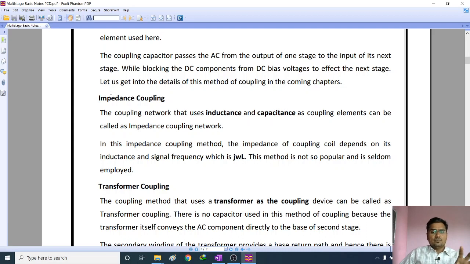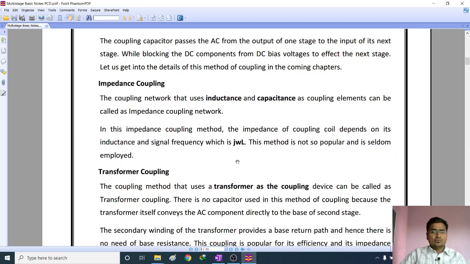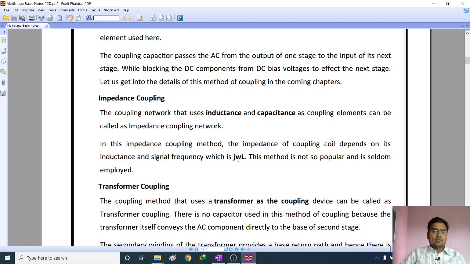Those are the best components to match the impedance. And obviously it depends on the frequency. So I think somewhere here it is written, it depends on the signal frequency, that is jωL. So this is the second method of coupling. What is the first method? First method is RC coupling. Second method is impedance coupling.